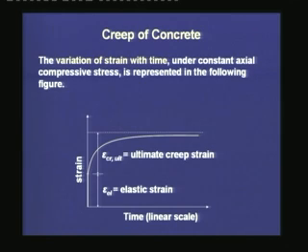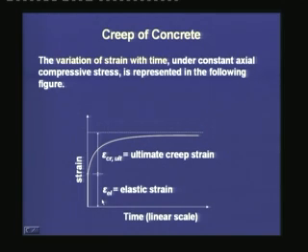The variation of strain with time under constant axial compressive stress is represented in the following figure. Here, the time is plotted in the horizontal axis, and in the vertical axis it is the strain.